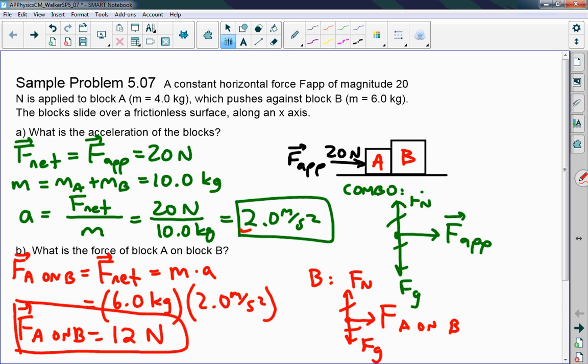In order for A to accelerate at 2 meters per second squared, it needs 8 newtons of the 20 newtons. It needs its fair share of that 20. So 8 of the 20 goes to accelerating A, 12 of the 20 goes to accelerating B, and that's how we get these total of 10 kilograms accelerating to the right.